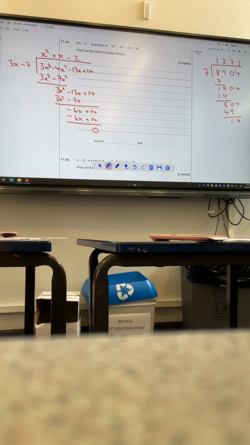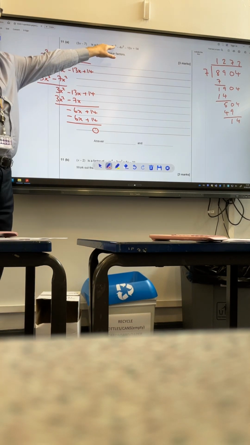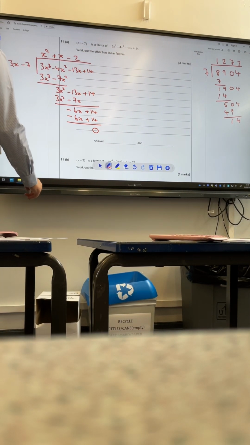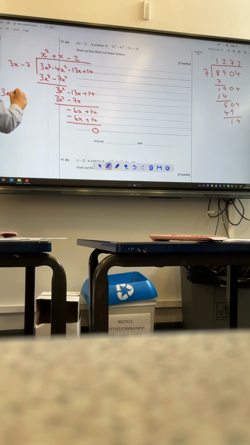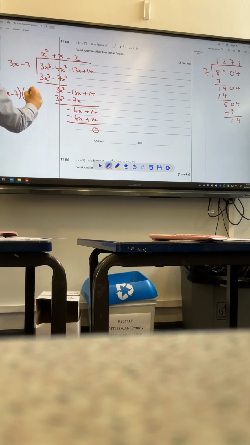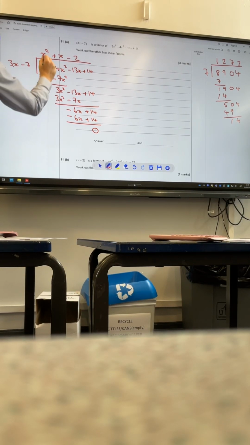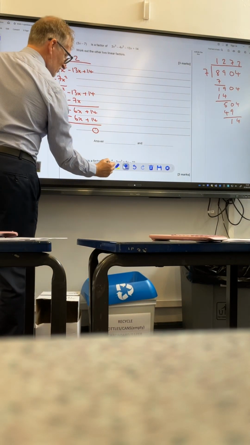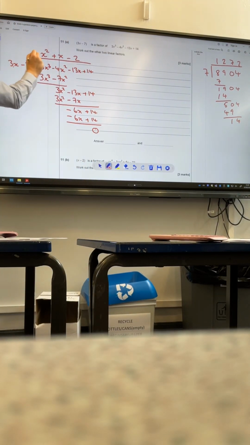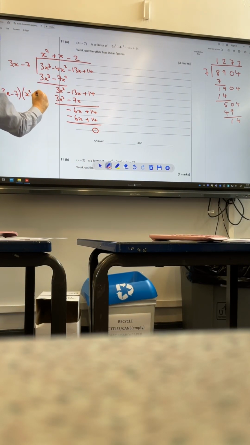So, in this long method, we now know that it's 3x minus 7 times x squared plus x minus 2 that makes this thing. So that factorises into that.